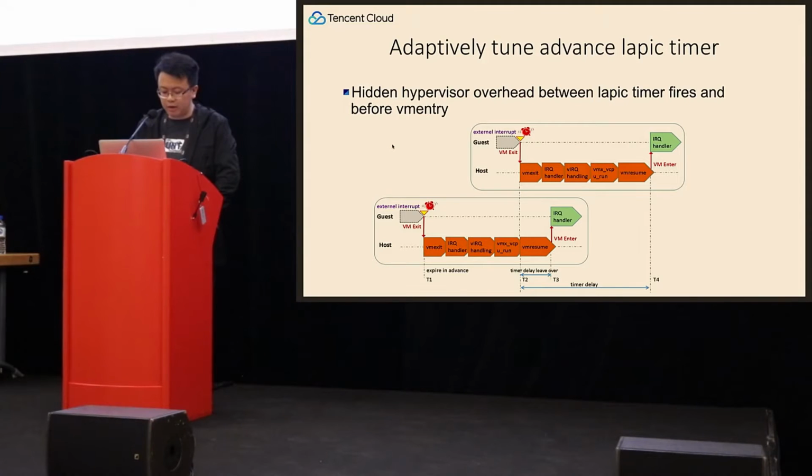Can we expire the timer interrupt in advance, for example at T1? Then we still go a long way in the hypervisor, for example to time T3, but we just have a small timer delay left over from T2 to T3.